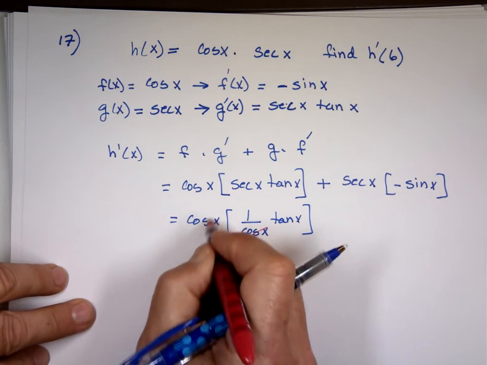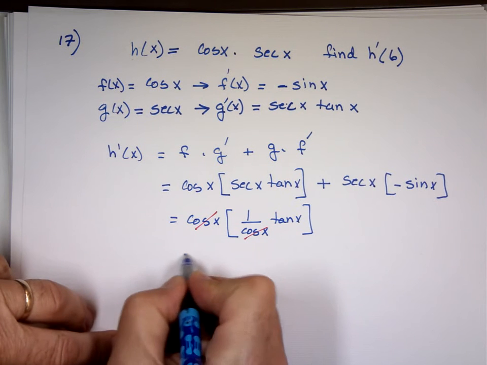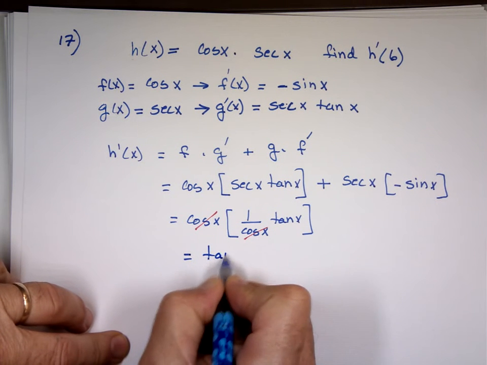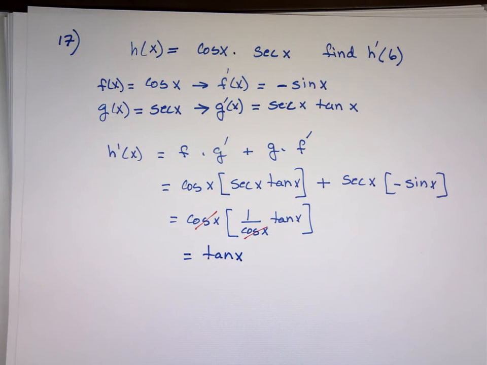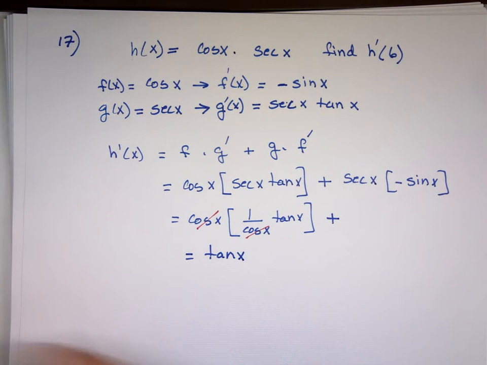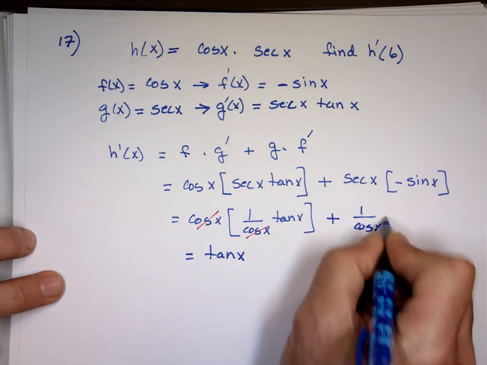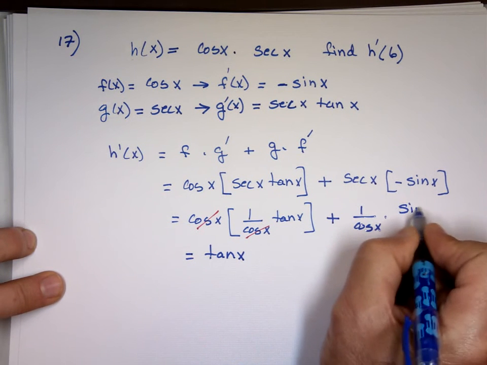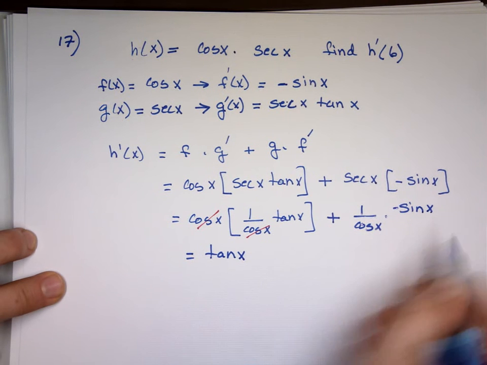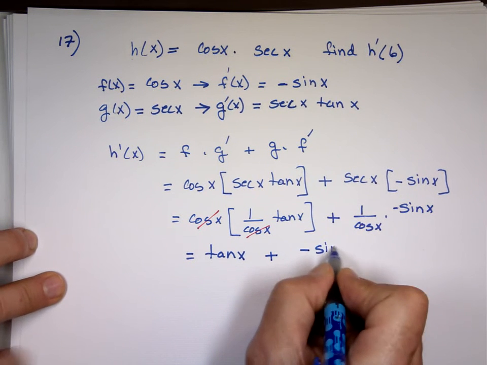Cancel each other out, so what do you have? Tangent X plus the secant is what? 1 over cosine of X times the sine of X, or minus actually. So this will be plus what? Negative sine of X over cosine of X.